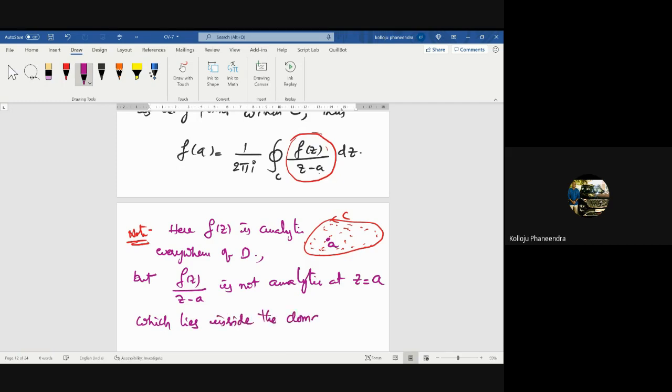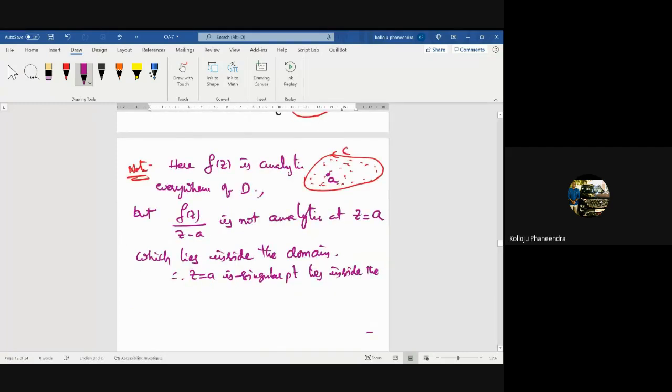That means z equal to a is a singular point that lies inside the domain, or C.